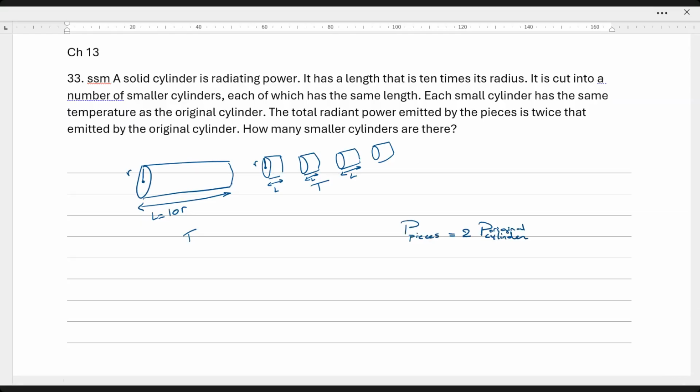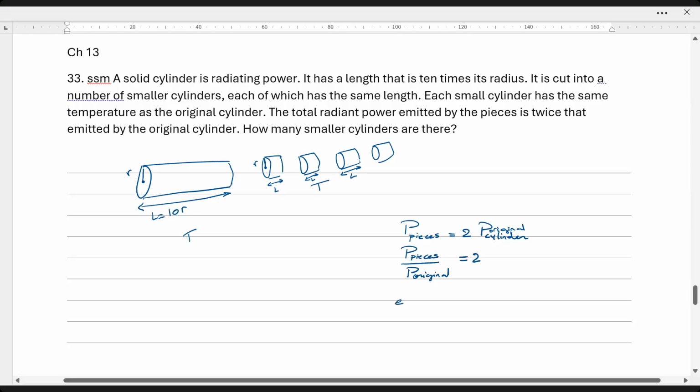Obviously, we can rearrange this equation into some ratio. And then maybe we can substitute the expression for each power, which is given by the formula for radiation heat transfer. And afterwards, we can check what terms are going to cancel out.